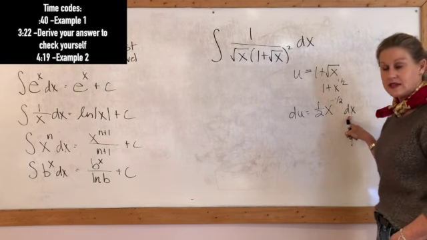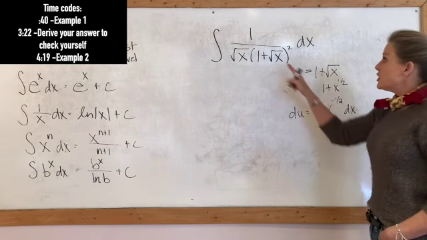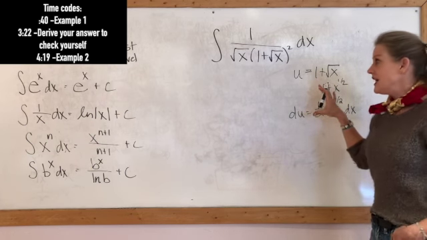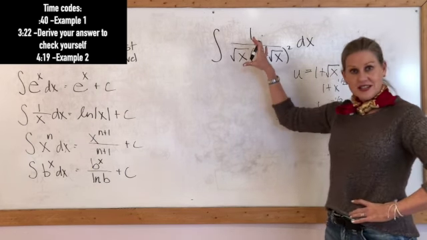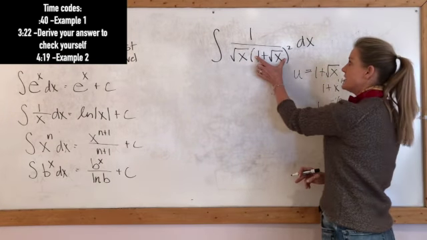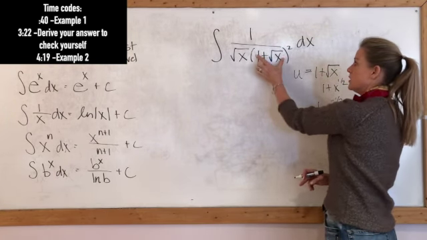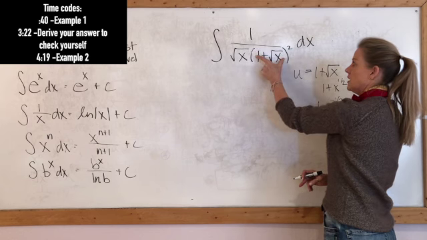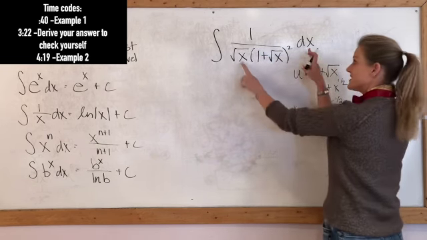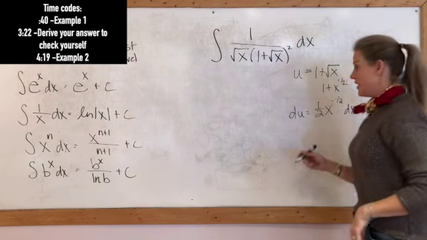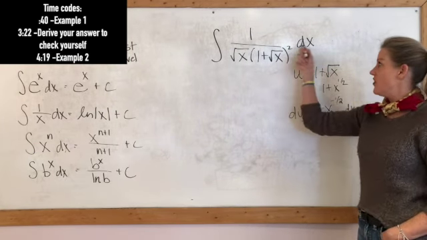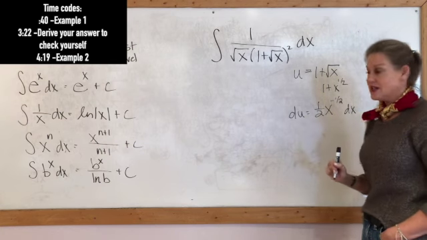So now I have sort of the translation dictionary that I've created, and I'm looking over here to see how things would translate. And I know that this piece would turn into 1 over u, and the u would be squared. But that means I still have this guy to mess around with, and that's where I look to du, which helps me figure out how that guy is going to translate.